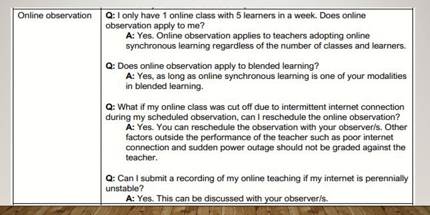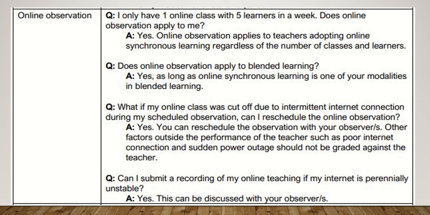Next question. What if my online class was cut off due to intermittent internet connection during my scheduled observation? Can I reschedule the online observation? The answer is yes. You can reschedule the observation with your observers.